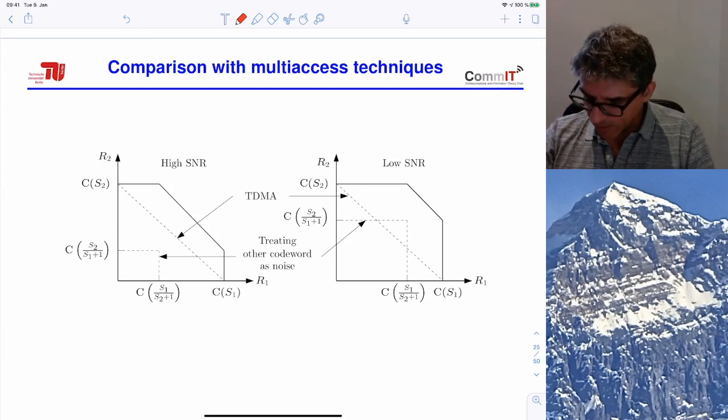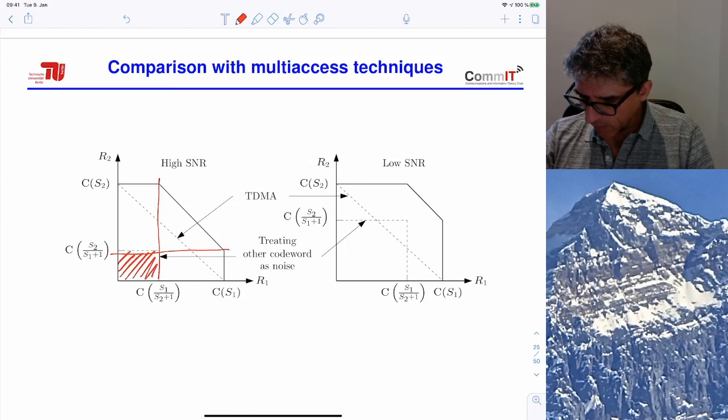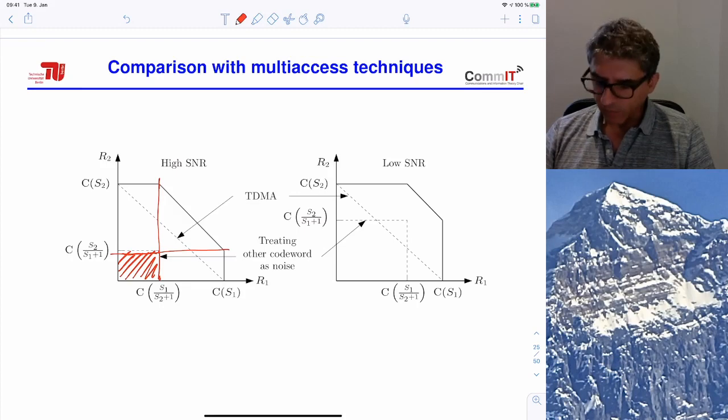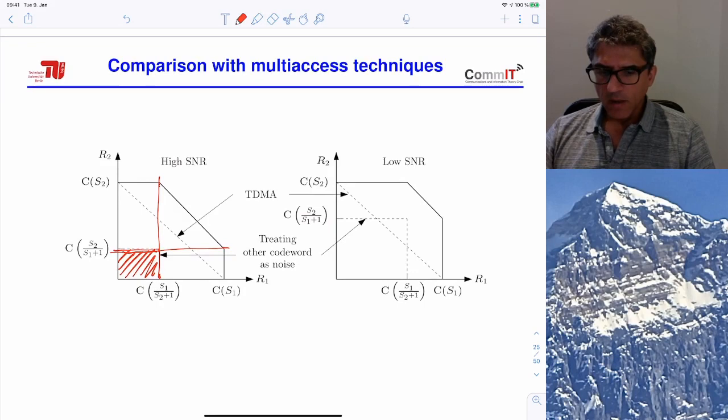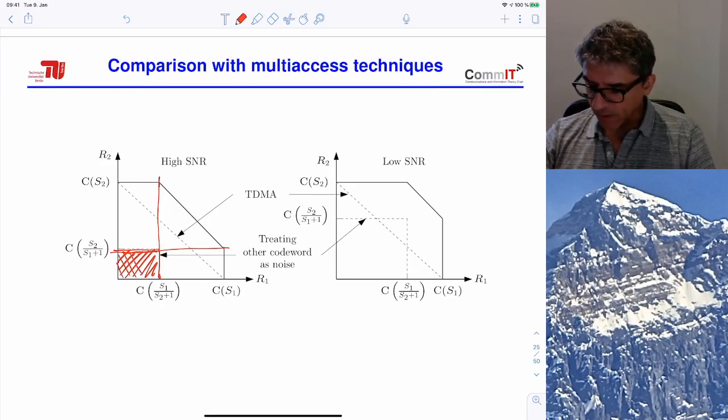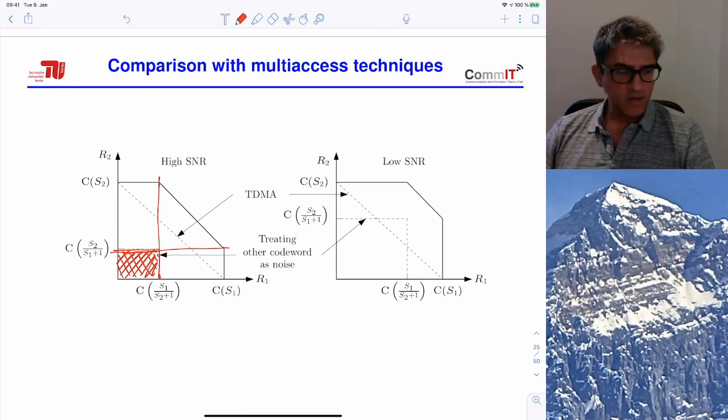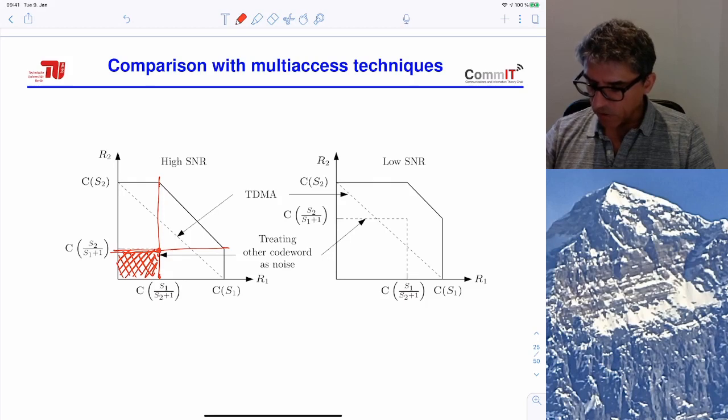And in this case, we can achieve just points inside this region, because this is the rate for user 1 treating user 2 as interference. This is the rate for user 2 treating user 1 as interference. Without successive cancellation, each one treats the other as interference. So the receiver is very simple, but you see the rate region is greatly reduced.